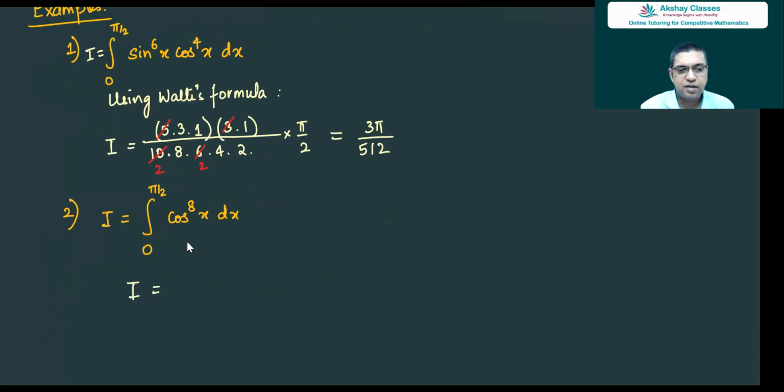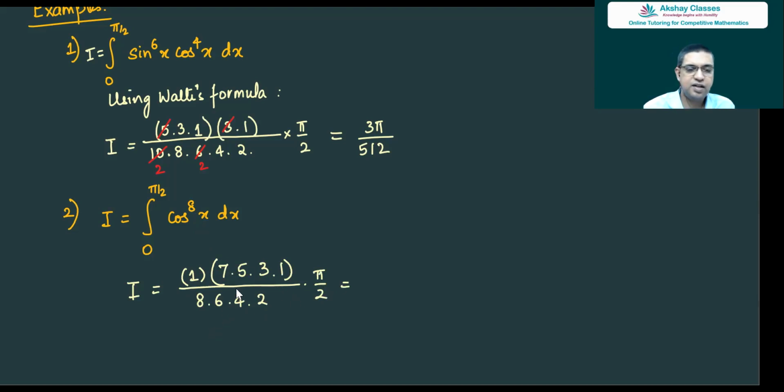For m, there is no factor, so you just leave it as 1. For n, it starts with 8 minus 1, 7, 5, 3, 1. Divided by m plus n, which is 8, 8, 6, 4, 2. Multiplied by pi upon 2.